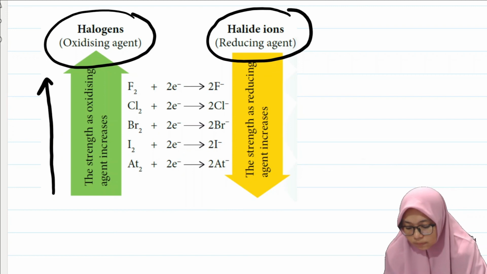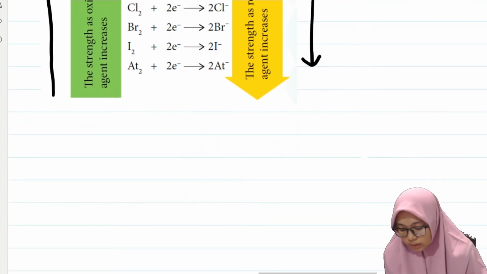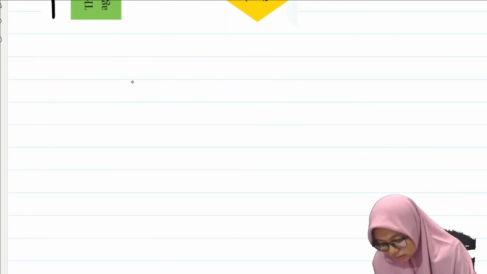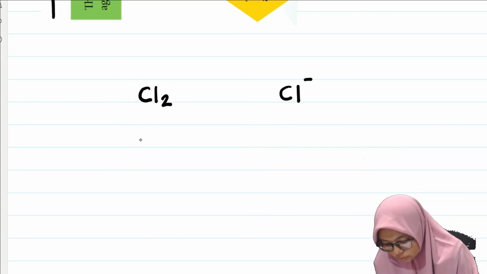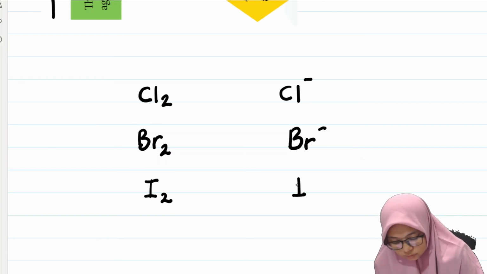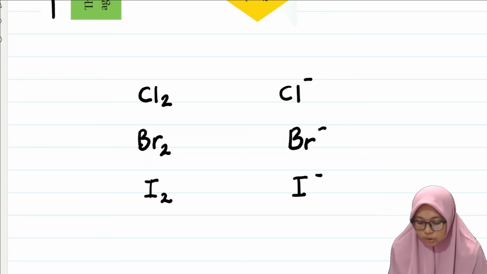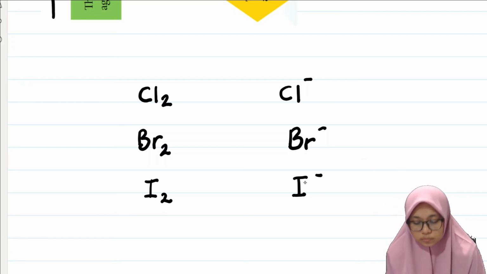So what is the effect of this conclusion? When you have a reaction between chlorine, chloride, bromine, bromide ion, and also iodine and iodide ion, chlorine is more reactive than bromine and iodine.